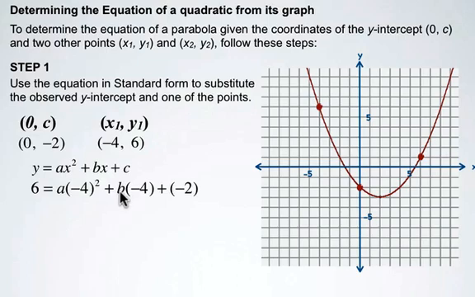Our b we don't know yet, but we do have our x, which is -4 again, plus -2, which is our c, or y-intercept. This simplifies to 6 equals 16a minus 4b minus 2.